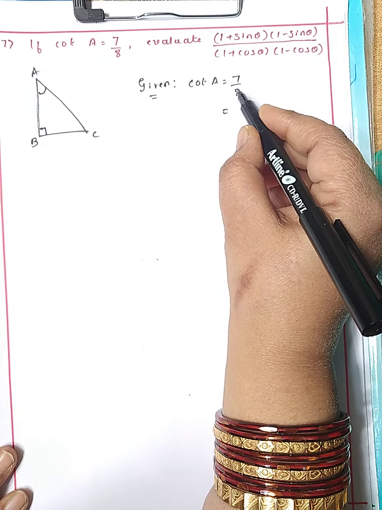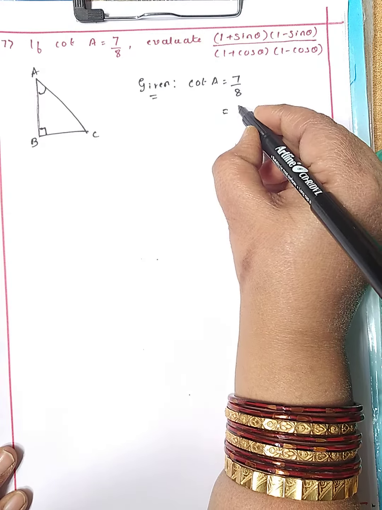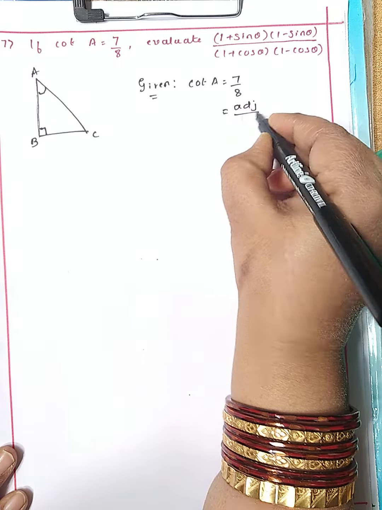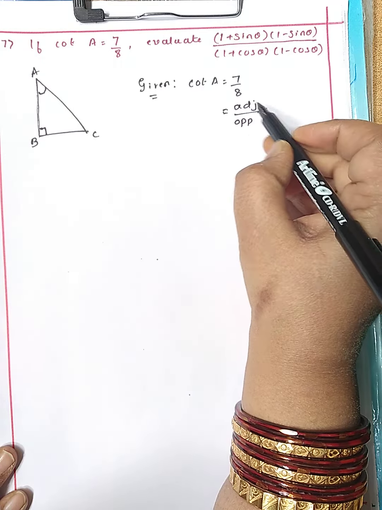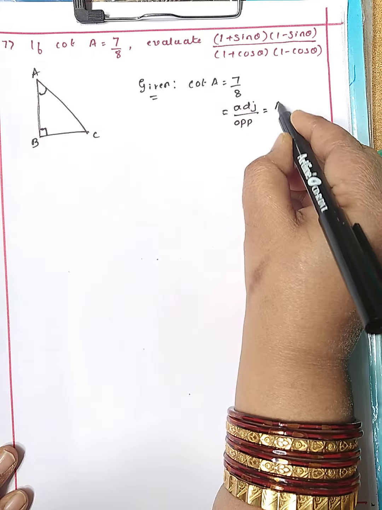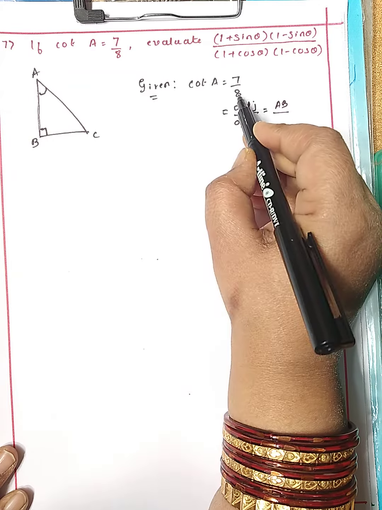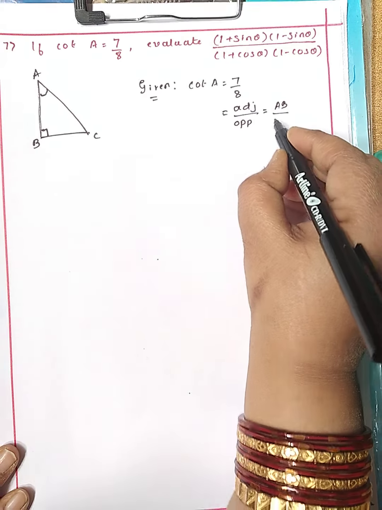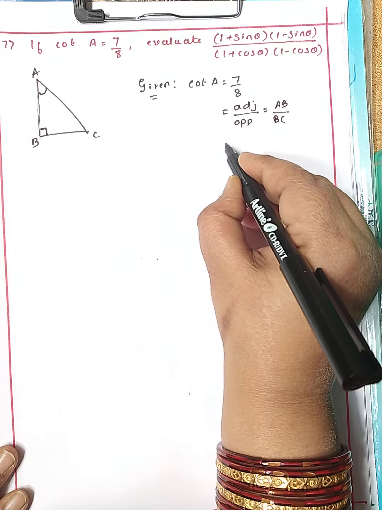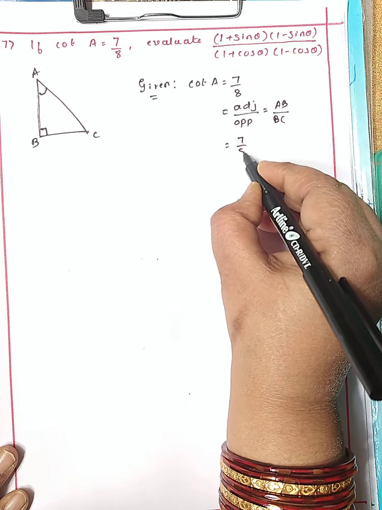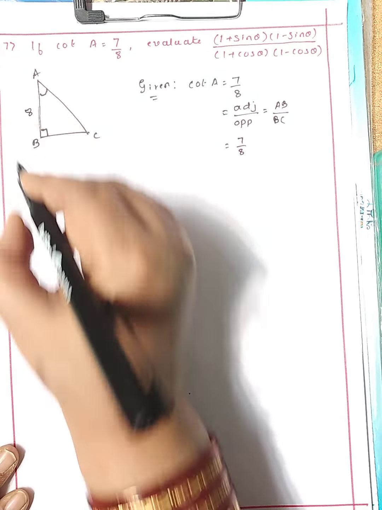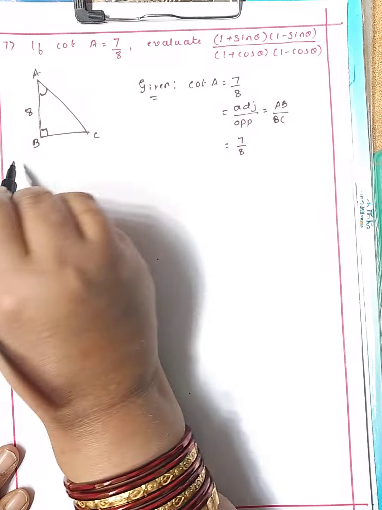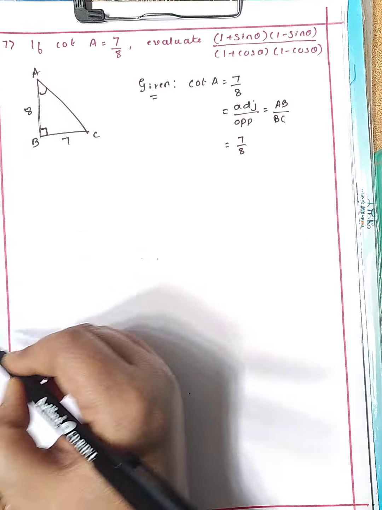The ratio of cot is adjacent by opposite. For A, adjacent is AB and BC is opposite. This is 7 by 8. So write AB 8 and BC 7.